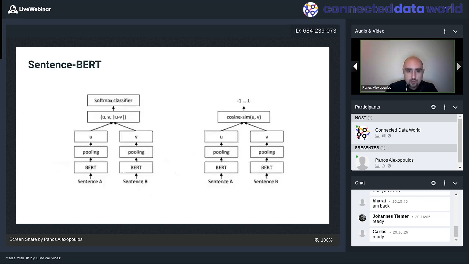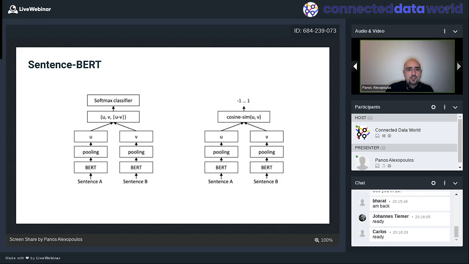For that, we're going to use a library called SentenceBERT, or sentence transformers. And what the creators of this library have done is the following. They created an architecture where they take pairs of sentences, sentence A and sentence B, pass them through a BERT language model, and take their embeddings.